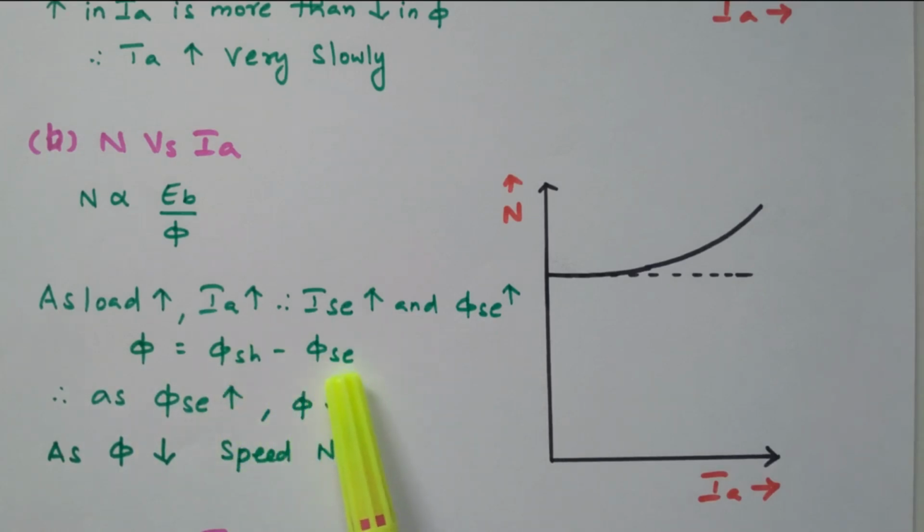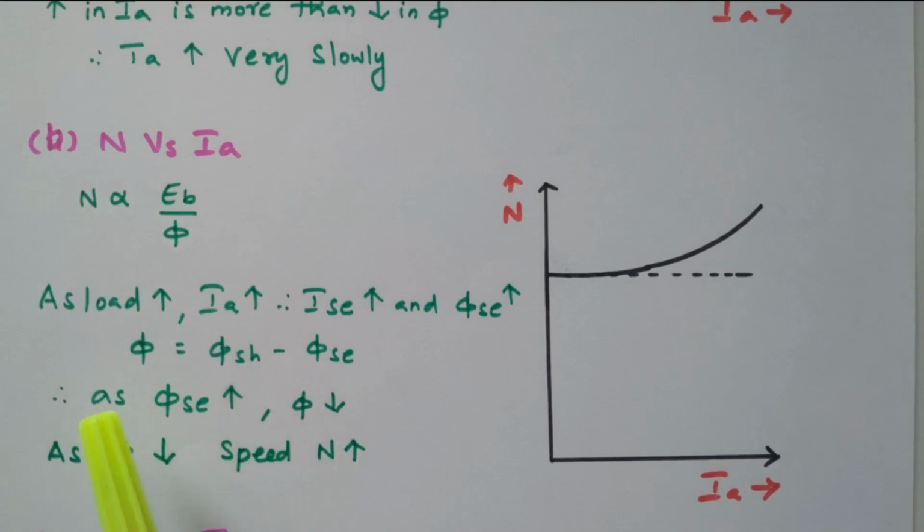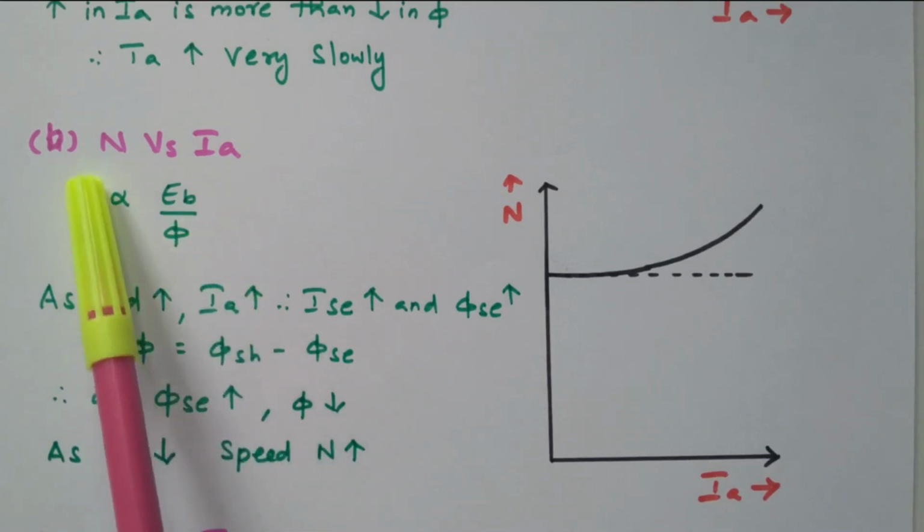So when the series field flux increases, the total flux will decrease. The flux decreases means the speed will increase, because speed and flux are inversely proportional to each other.